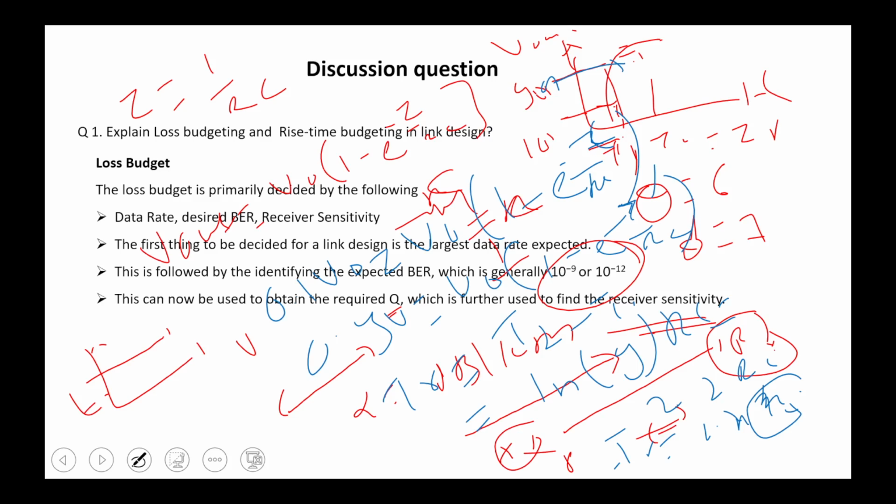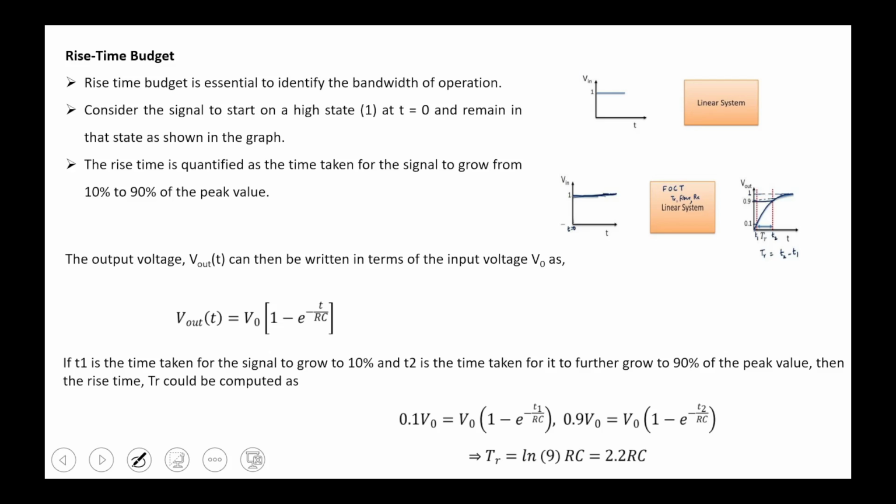So what is the relationship between rise time and bandwidth? If you read any communication signal and control system... Jagannath, do you remember any relationship between the rise time and bandwidth of that signal?